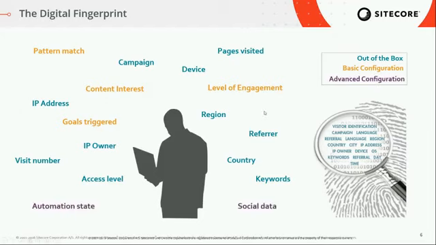Last but not least, we have advanced configurations, things like their social data. What do you mean by that? Well, if they've arrived at our site via a link in Twitter, maybe we want to change the configuration or the way that the page displays and show some Twitter shortcuts and other options so they can just display their interest or pass it on.